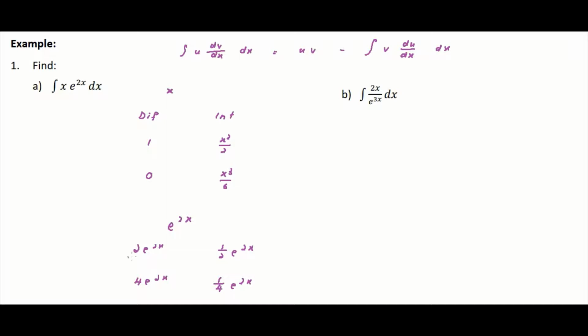The only difference is the coefficient in front of it. You still get e^(2x), e^(2x), e^(2x), no matter how many times you do it.